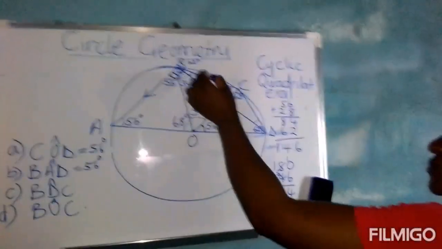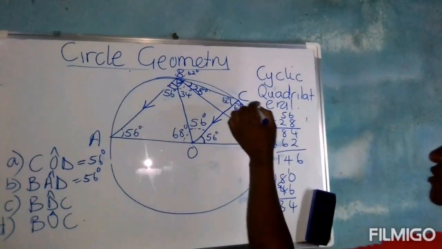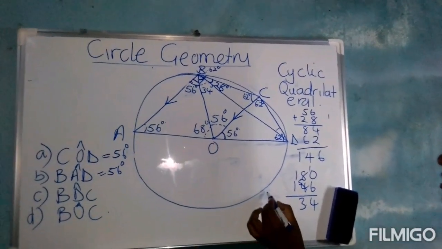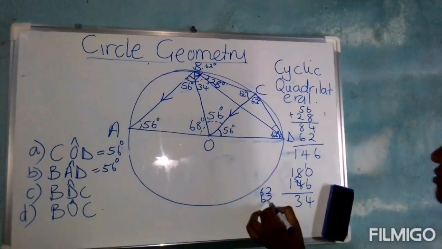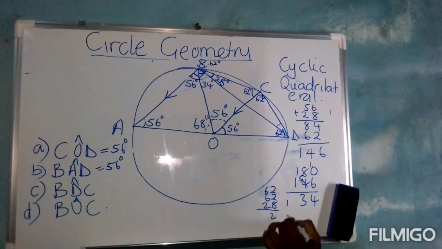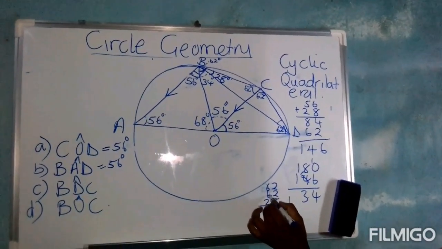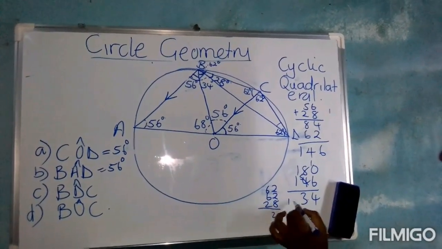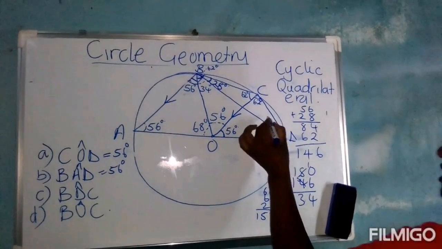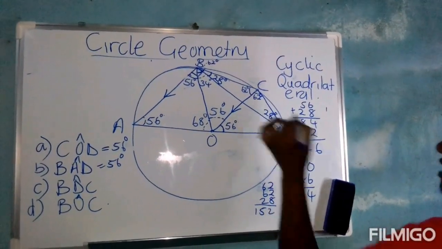We can use this 28 plus 62 plus 62 from 180. So it's 62 plus 62 plus 28, that is 152, from 180. So this is 28 degrees.